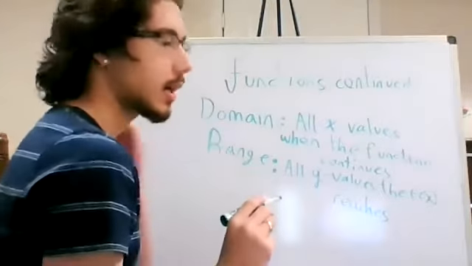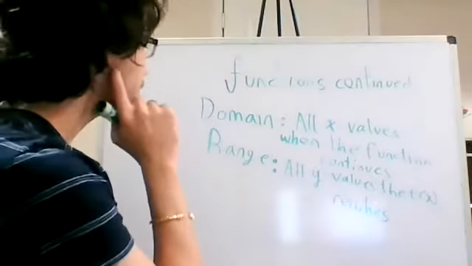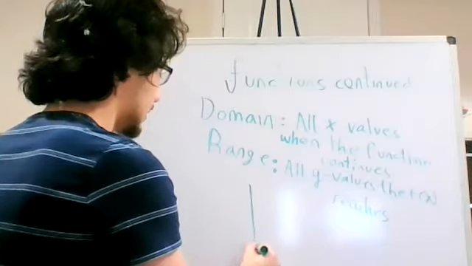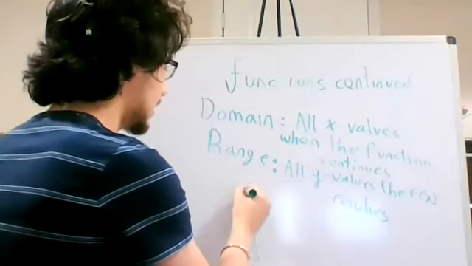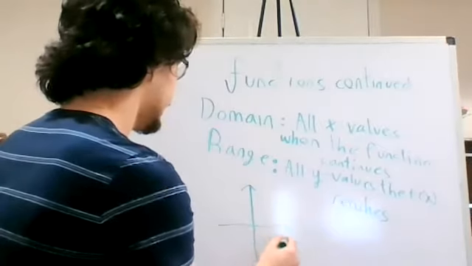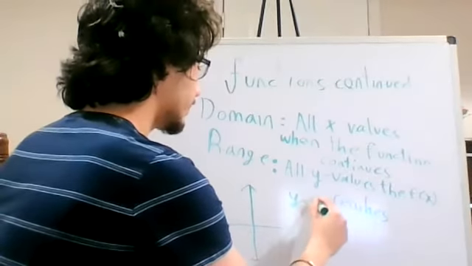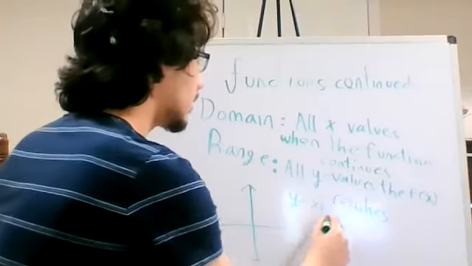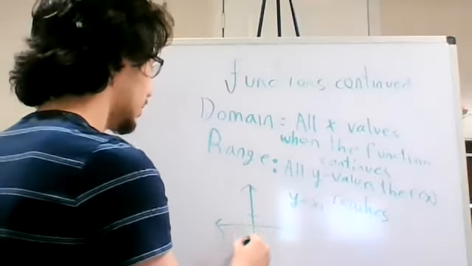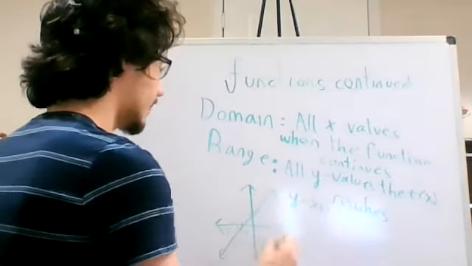So if we are to view this with a normal function, such as, let's say, y equals x plus 1, if we draw out our function, it will look like this.